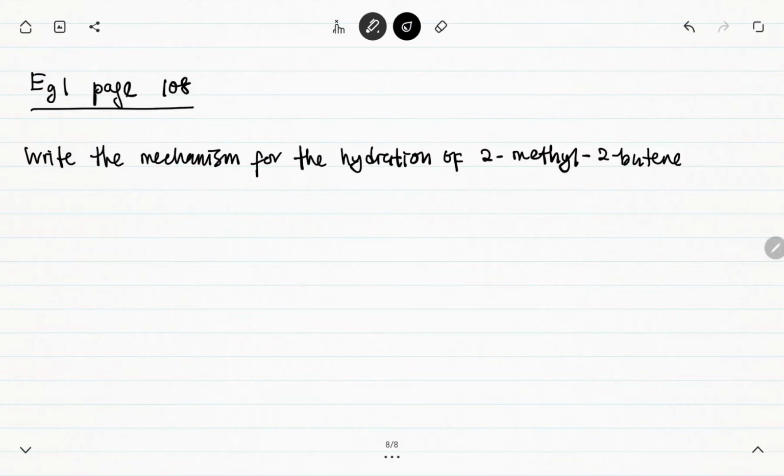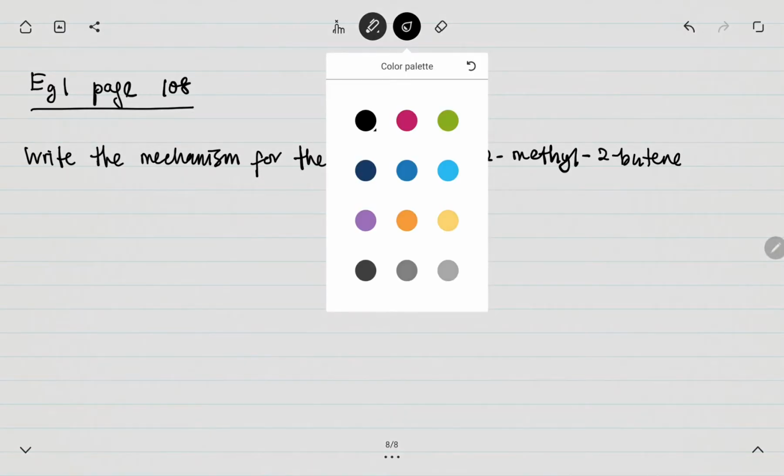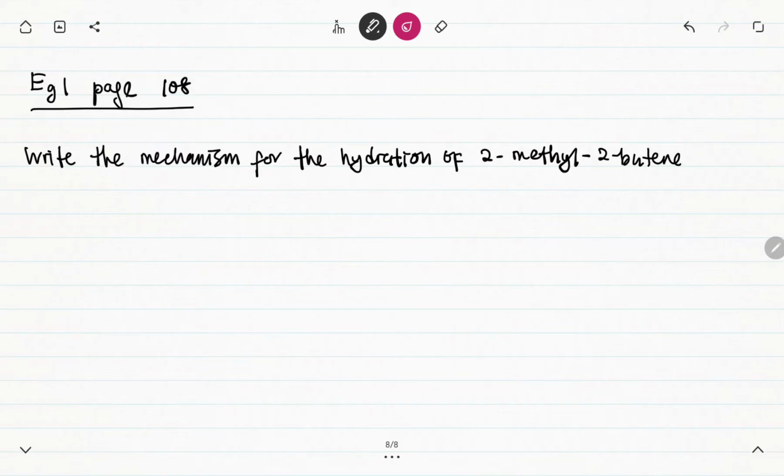Based on example 1, page 108, the statement says to write the mechanism without the specific equation, but it already states this is the process of hydration, meaning our reagent must consist of water and the presence of H3O plus as a catalyst.